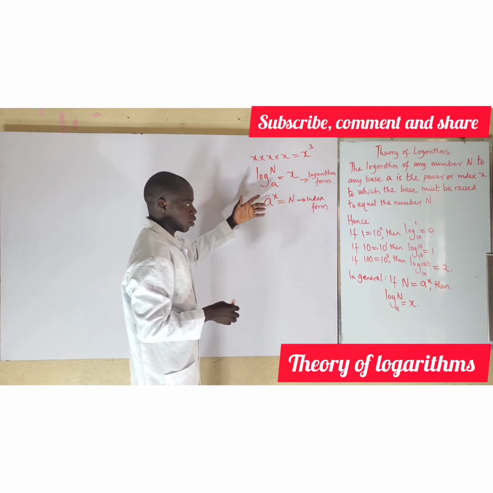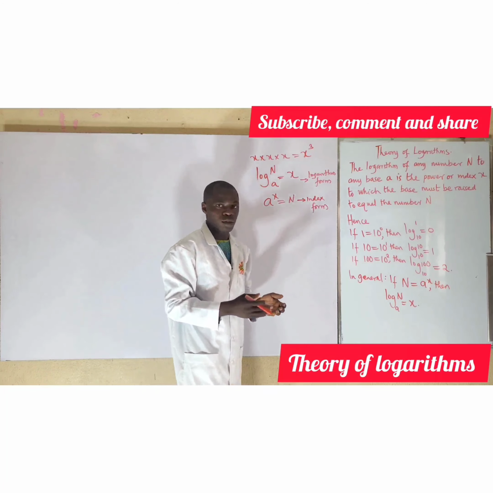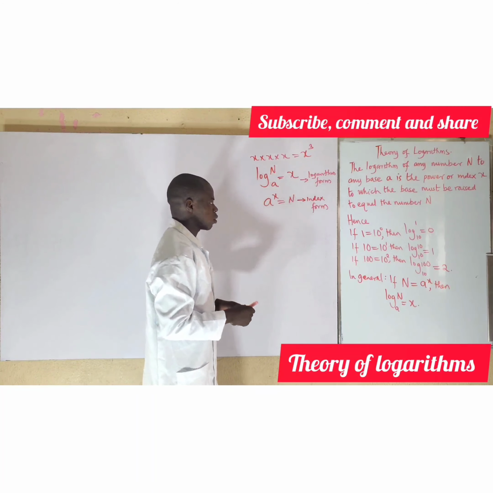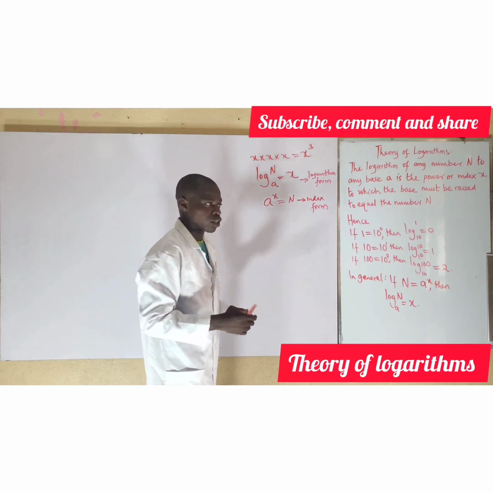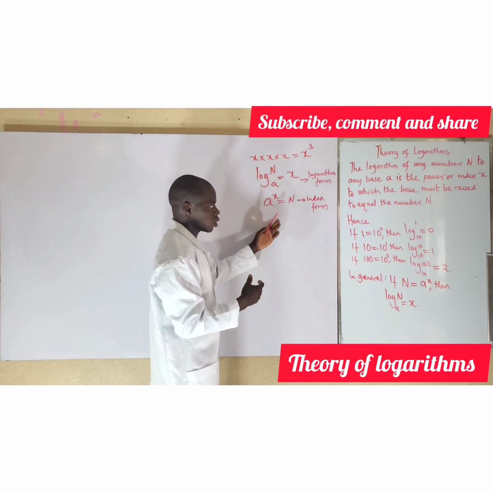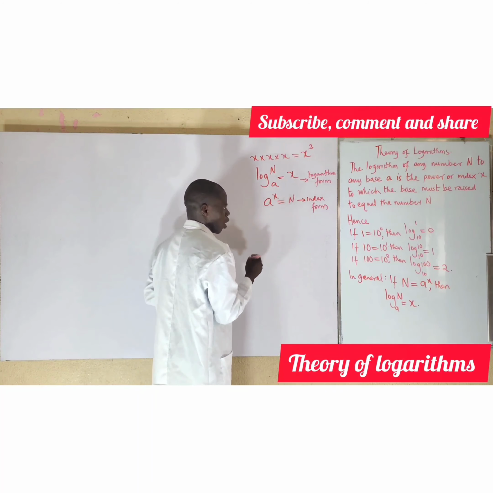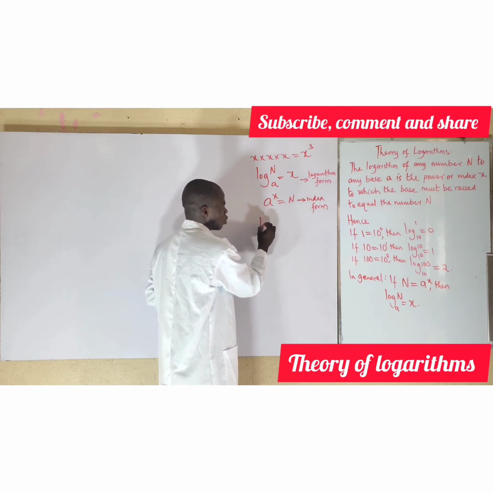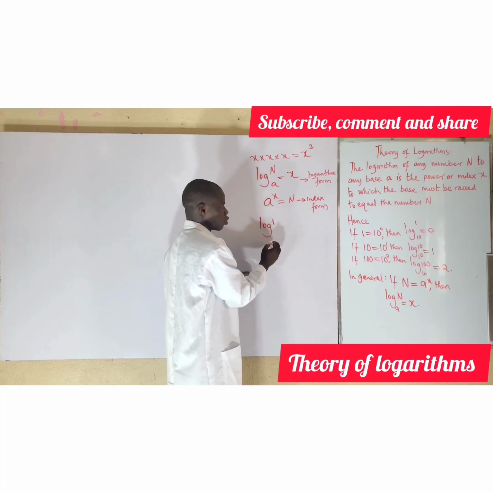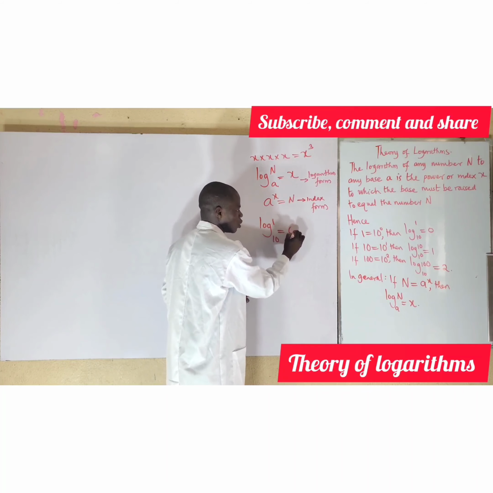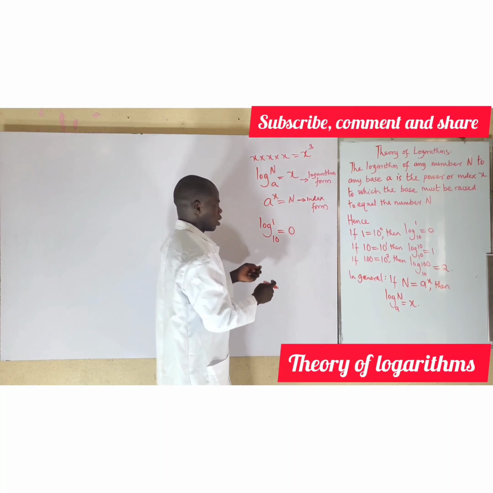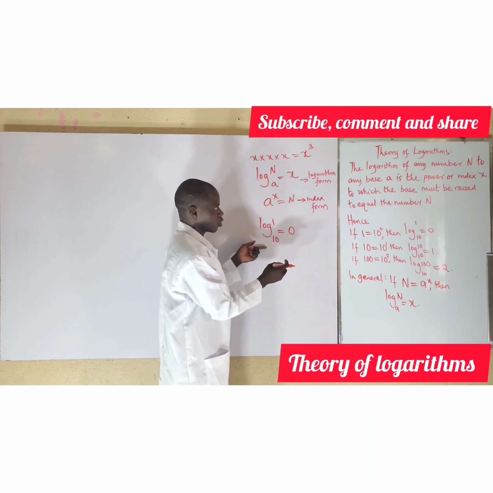If you are conversant with the use of a calculator, you can pause this video, take your calculator and press log 1. Log 1 is to base 10, and the answer will give you 0. Let's look at it in terms of what we just said.